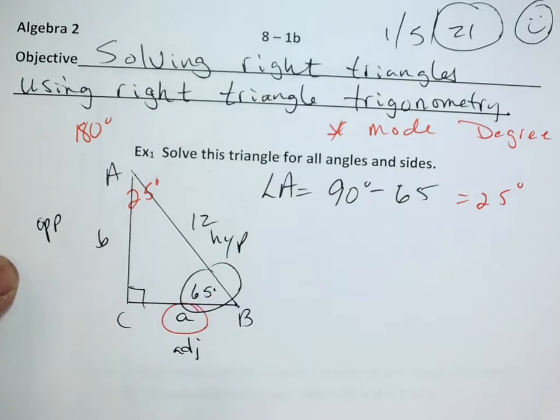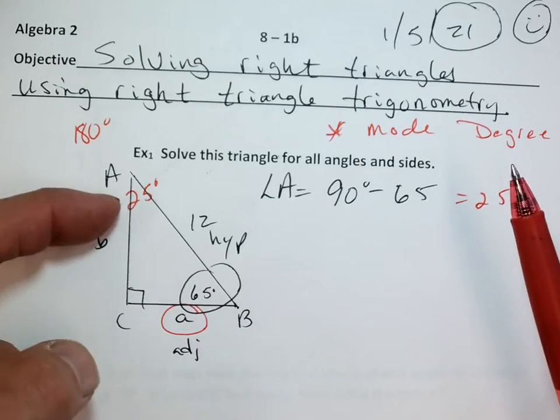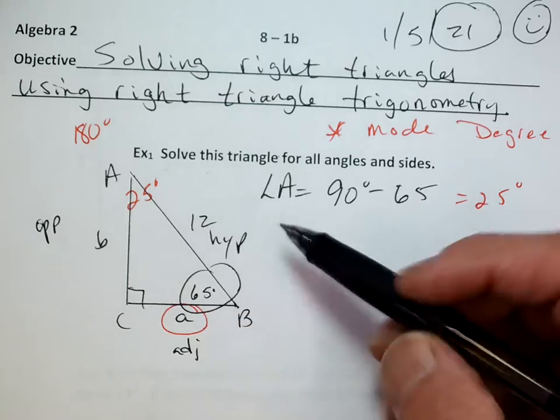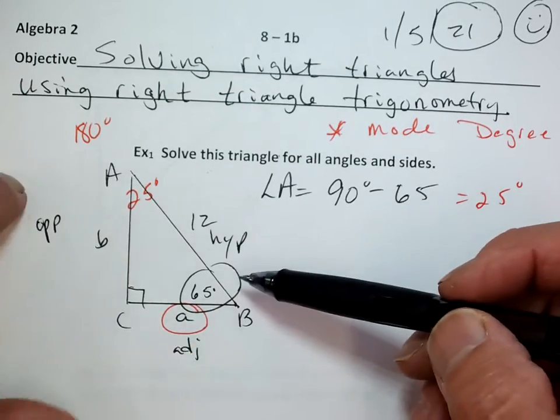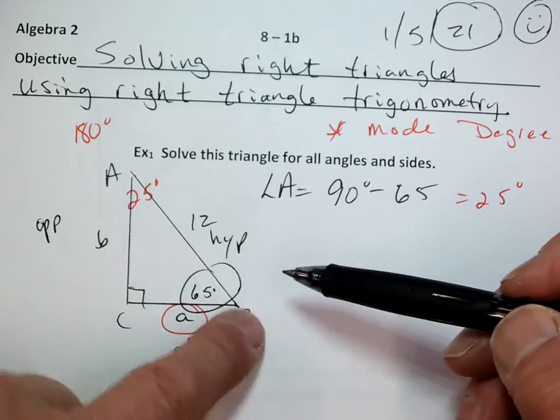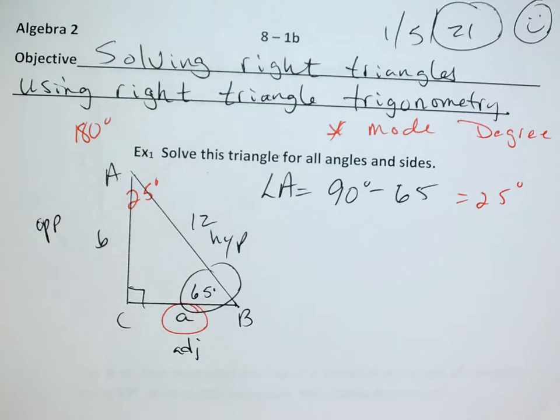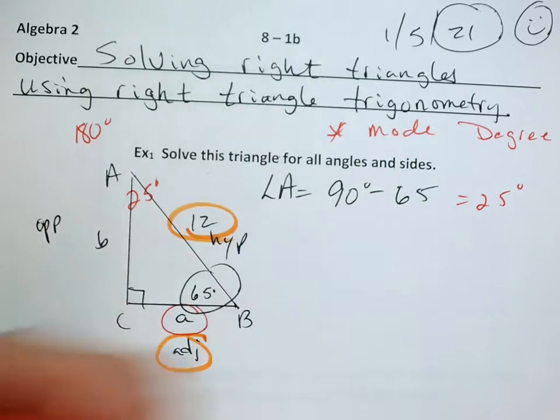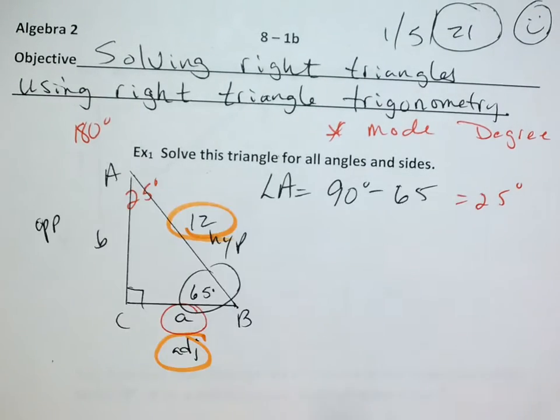You have to start by picking an angle, and the angle determines the side names: opposite, hypotenuse, and adjacent. So to solve for side a, adjacent over hypotenuse has got to be cosine.